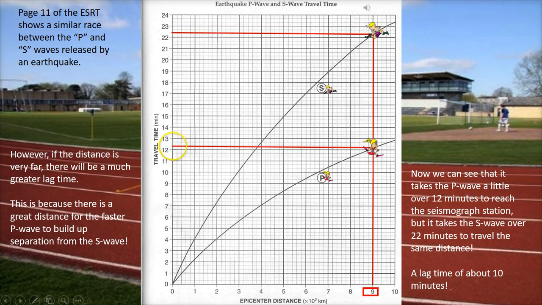So this is going to be about 12 minutes and 20 seconds. For the S wave over here to go that same distance, it actually takes 22 minutes and 20 seconds. So now we have a lag time of about 10 minutes. Here was a 2-minute lag time. Here now at 9,000 it is 10. Much different.